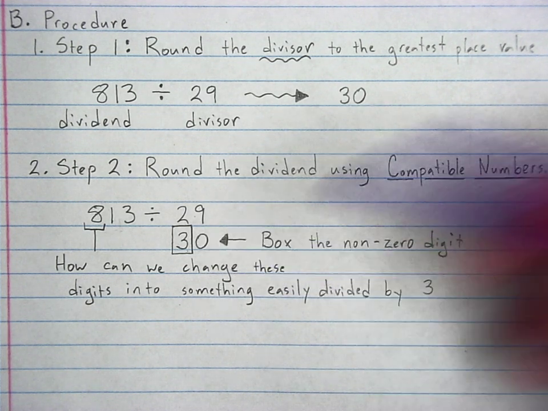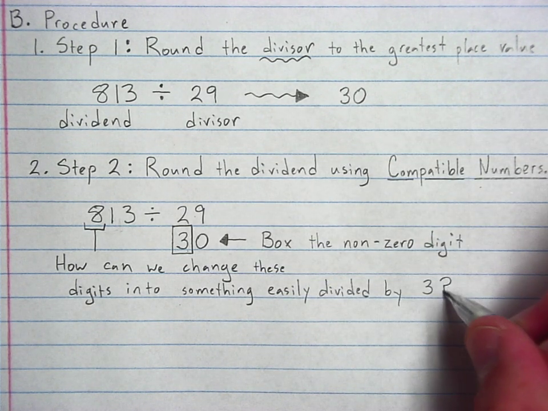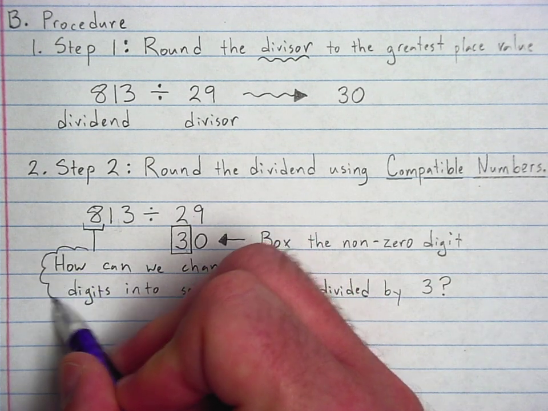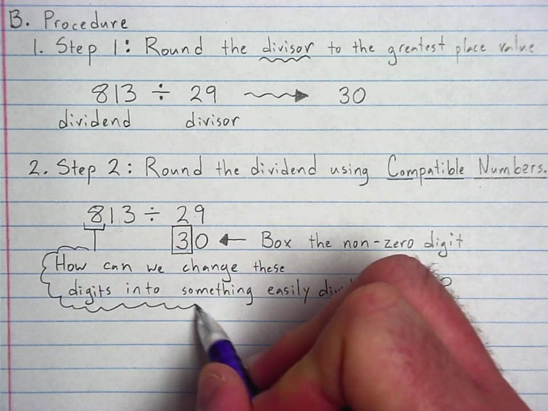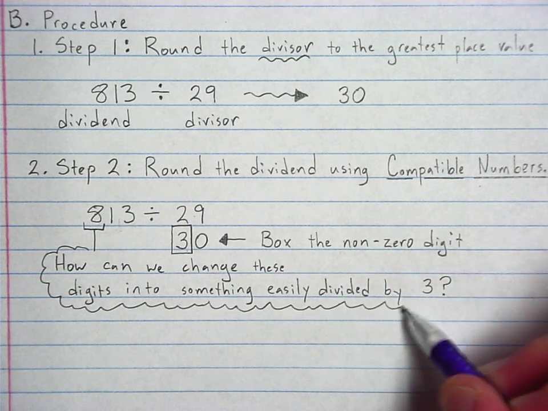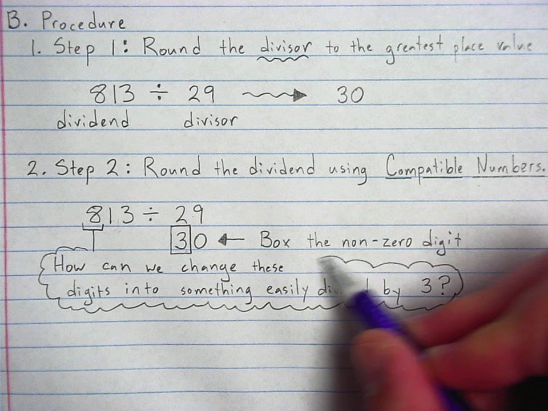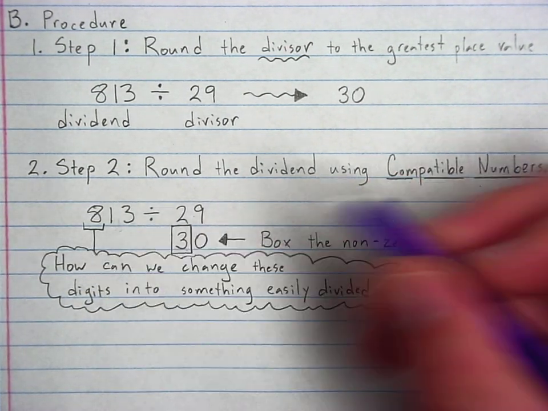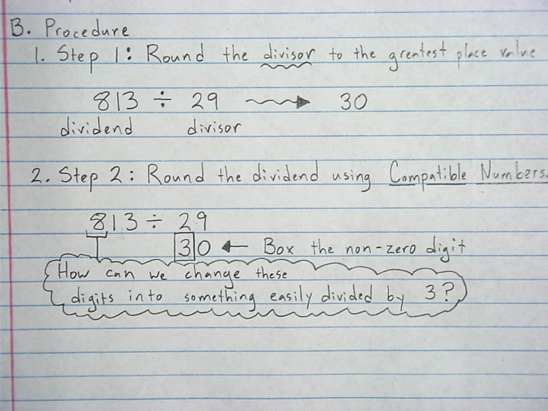I've got the 3 in the box. I want to ask myself, how can I change the 8? Again, sometimes you'll take the next digit, but we're not doing that right this second. How can I change that into something that will very easily be divided by 3?